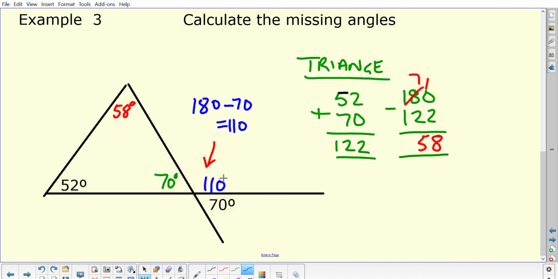So that's what size that one is, and then of course the one straight across from that is 110. So you can actually fill in quite a lot of or all the angles in that diagram. So be aware that you can be using previous angle knowledge for working out, so looking for straight angles, looking for vertically opposite angles. Now you also know about the sum of angles inside triangles as well.